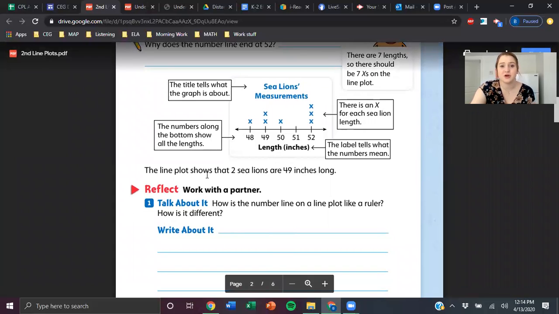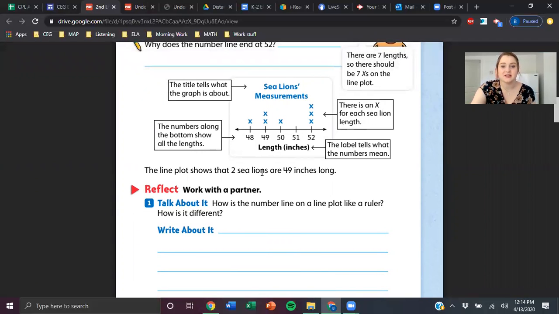This line plot shows that 2 sea lions are 49 inches long. If you come up here to the 49, you can see there are 1, 2 x's. We know that each x stands for 1 sea lion. Based on that, how many sea lions were 52 inches long? Good. If you said 3, give yourself a high five.